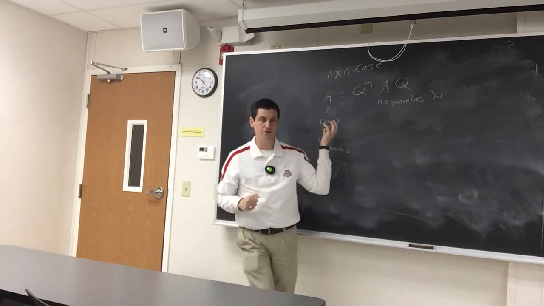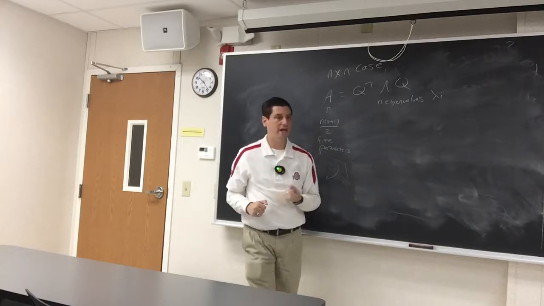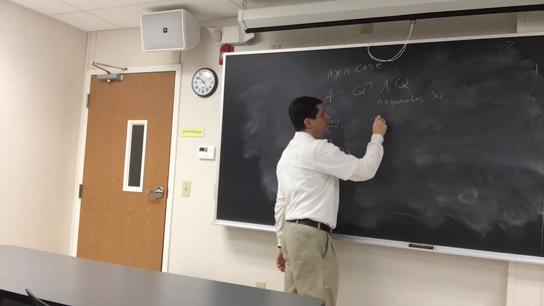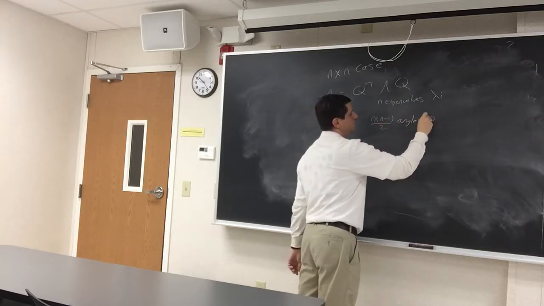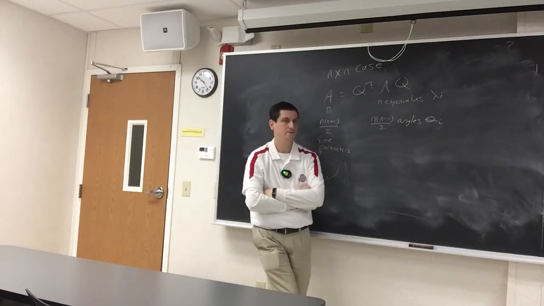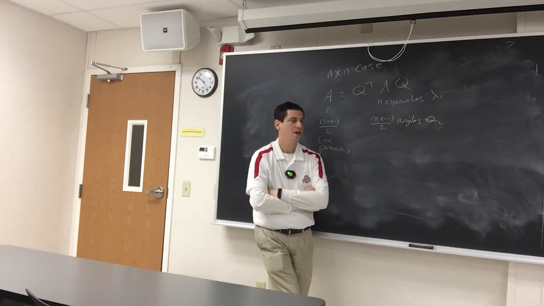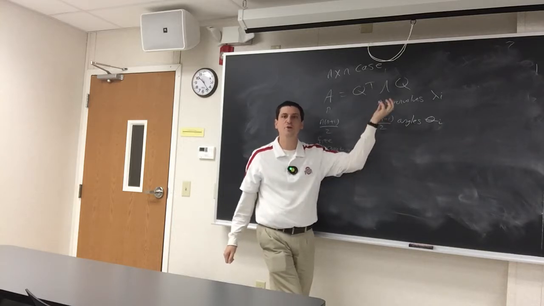So for an n by n matrix, there's on the order of n squared over 2 free parameters. Only n of the parameters are eigenvalues. So the angles, we have n minus 1 over 2 angles theta i. And when you take n equals 2, you get just one angle and 2 eigenvalues.